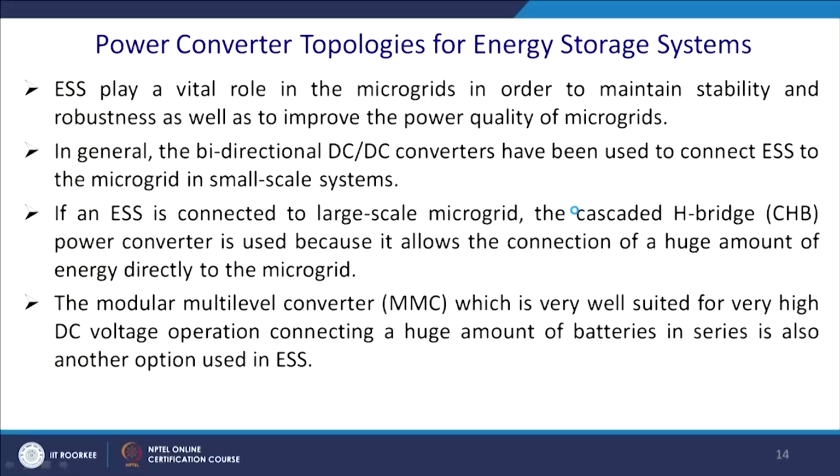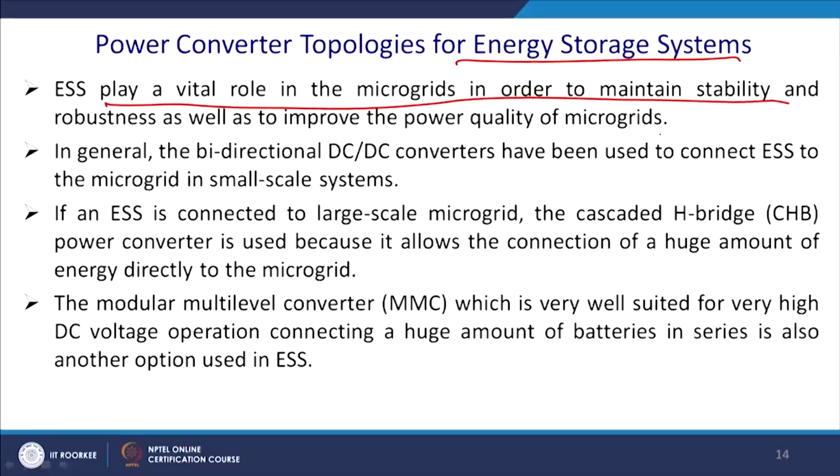Now we come to the topologies required for energy storage, which has to be a bidirectional DC to DC converter. As discussed, ESS plays a vital role in the microgrid in order to maintain stability and robustness, as well as to improve the power quality of microgrids.